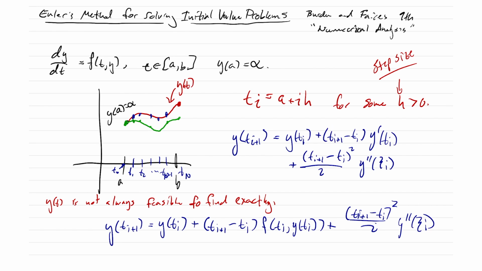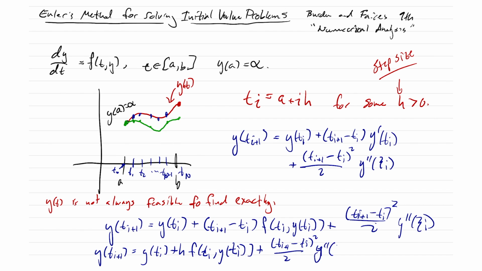And then we can simplify it even further because we know that the difference between these two should just be h. So then we get this: y of t i plus 1 is equal to y of t i plus h times f of t i, y of t i, plus t i plus 1 minus t i squared divided by 2 times y double prime at c i.